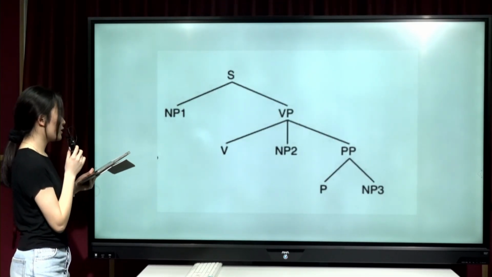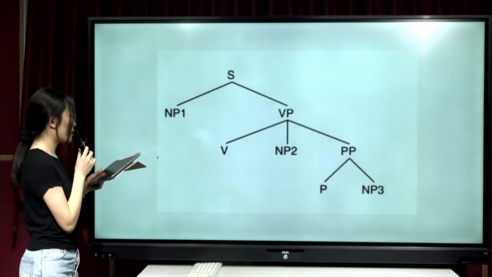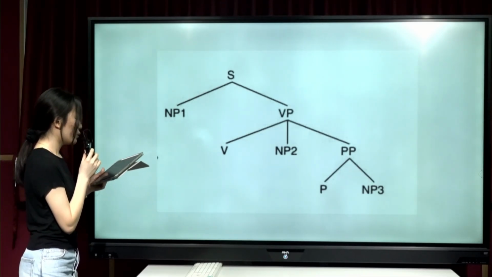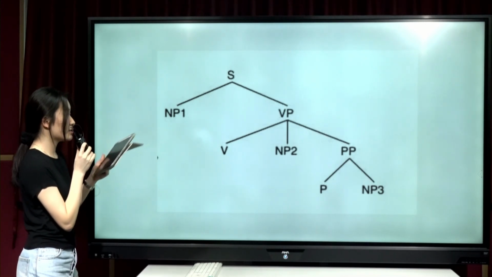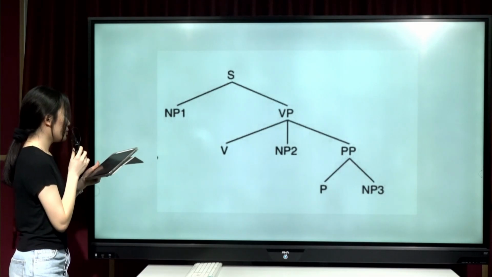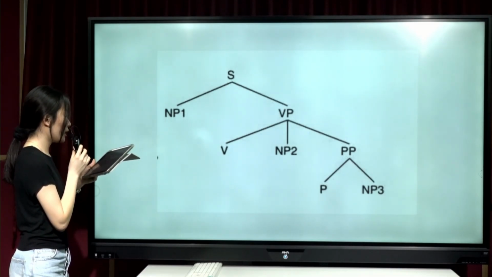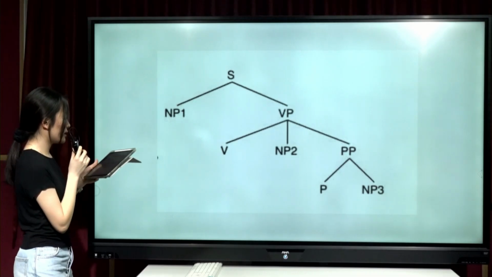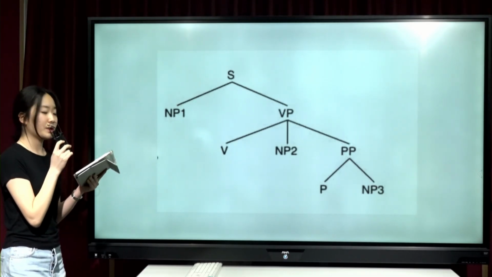Here is another example. The first branching node that dominates NP1 is S, which dominates V and NP node, since S dominates the node VP. But NP1 does not dominate NP2 and V, so we can say that NP1 has prominence over V and NP2.